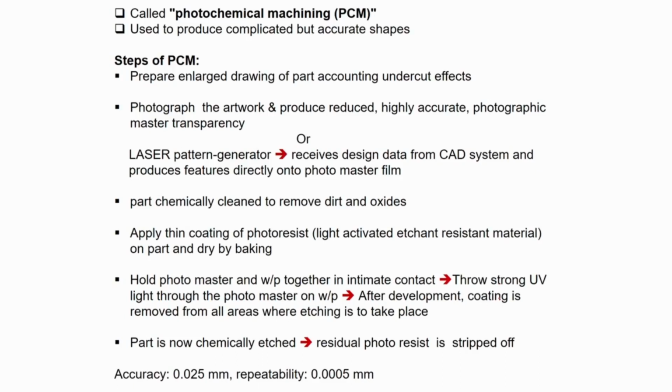After development, this coating is removed from all the areas where etching is to take place. Now the part is chemically etched and the residual photoresist is stripped off after that. By this photochemical machining process, 0.025 millimeter accuracy can be achieved and repeatability is 0.0005 millimeter.